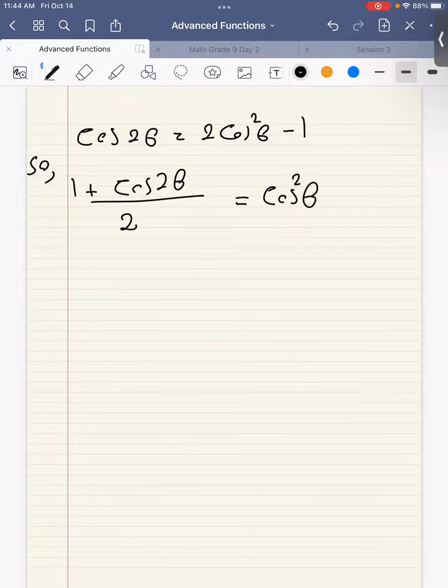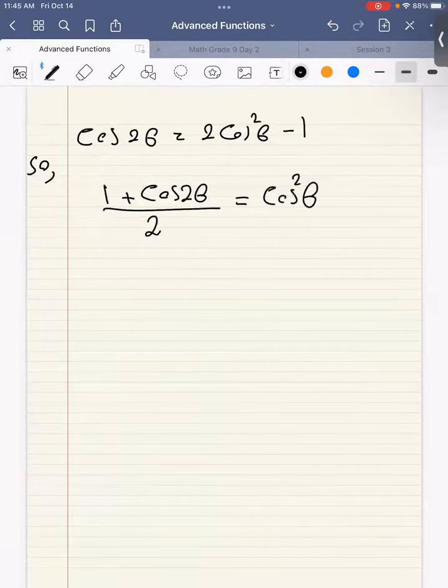Okay. So 1 plus cosine of 2 theta divided by 2 is equal to cosine square of theta. I mean, that's a useful formula.